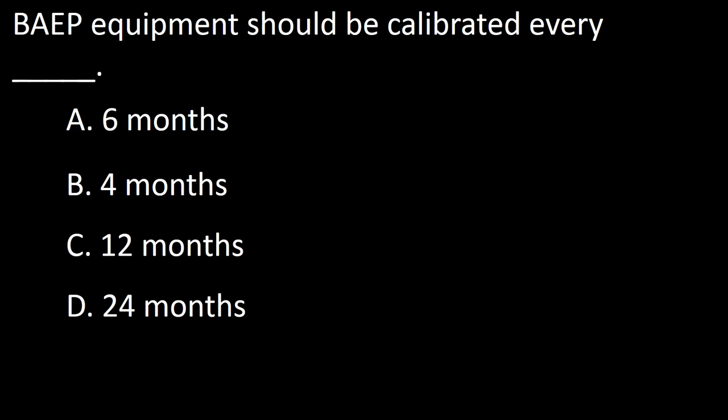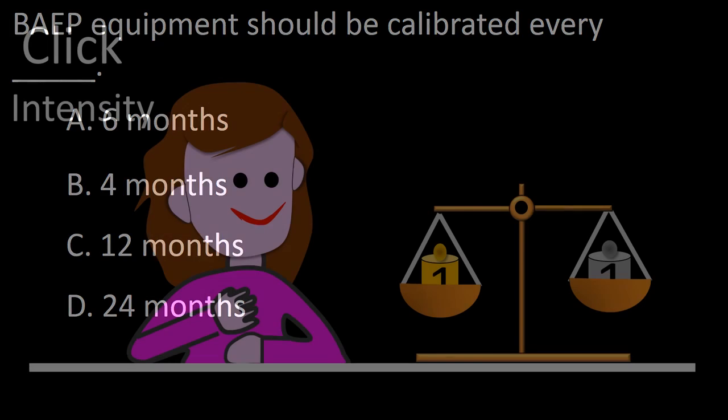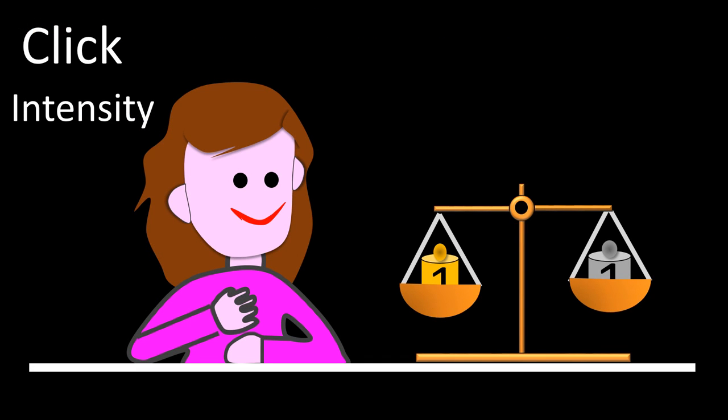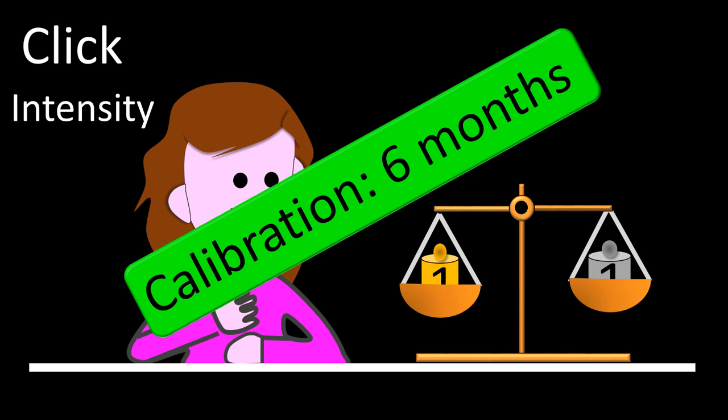Next question. Brain auditory evoked potential equipment should be calibrated every A. 6 months, B. 4 months, C. 12 months, D. 24 months. So click intensity should be calibrated every 6 months.